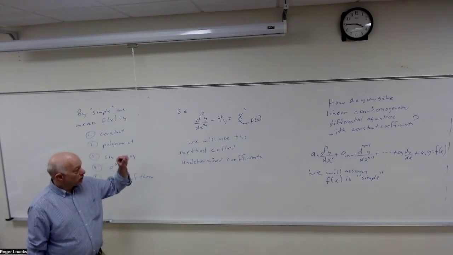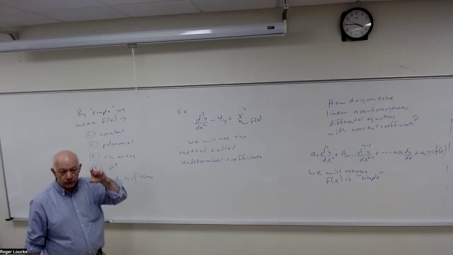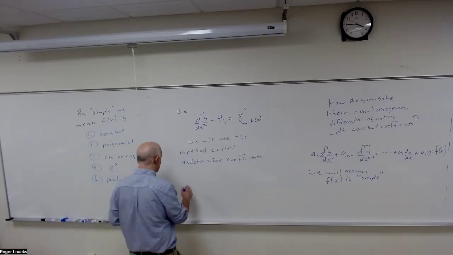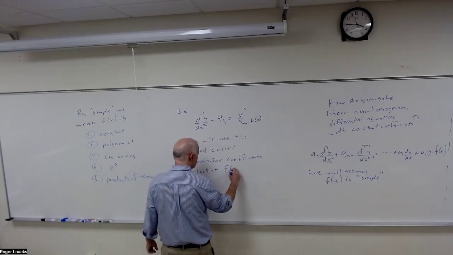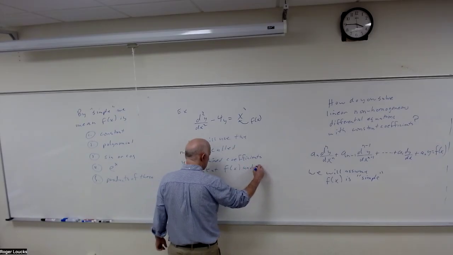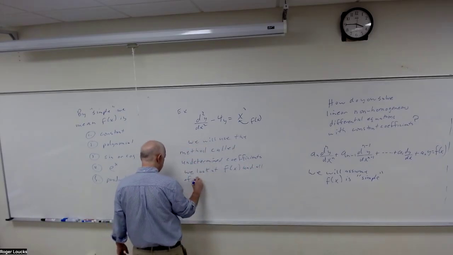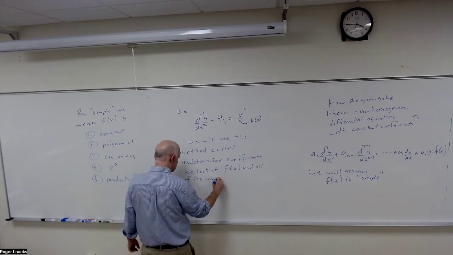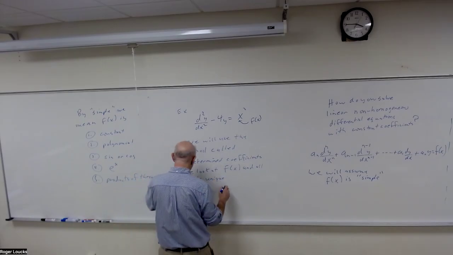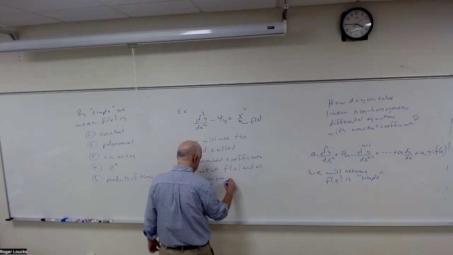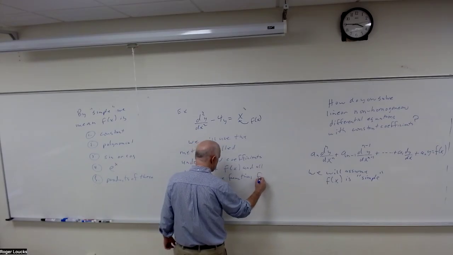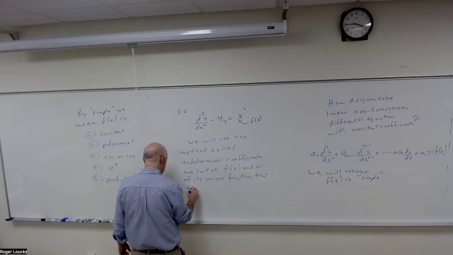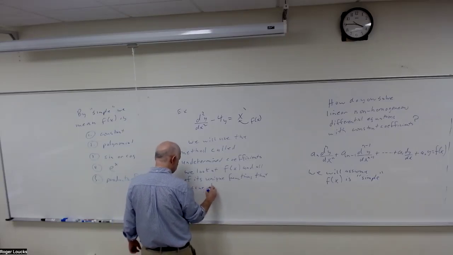We look at f of x and all of its derivatives and look for the unique pieces. So we look at f of x and all of its unique functions that occur during differentiation.